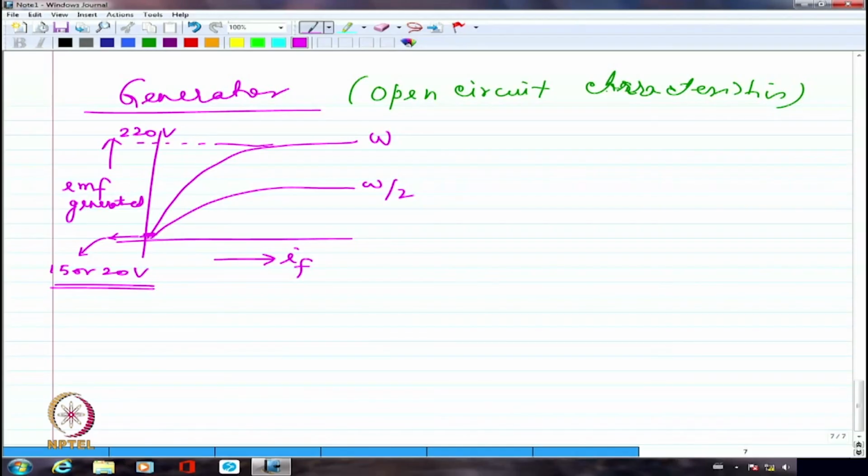The EMF generated divided by the speed in radians per second, divided by the field current, gives the back EMF constant. So the open circuit characteristics allow you to determine the EMF constant of the machine, which will be useful even in calculating the torque eventually. Got it? We will look at further classification of DC machines based on the field connection in the next class.